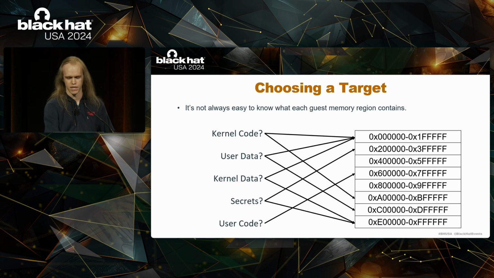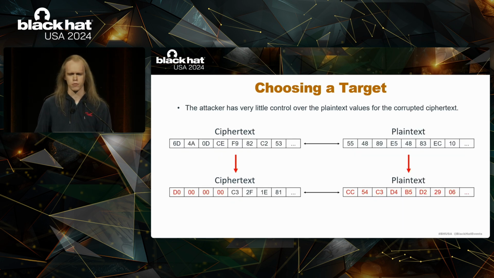Next up, and this is perhaps the even bigger problem, I told you that all guest memory is encrypted, and this memory corruption only allows us to write to the ciphertext of that encrypted memory. The big problem is that this is using AES encryption, and we have no way of knowing what the corresponding plaintext will be for that corrupted memory.